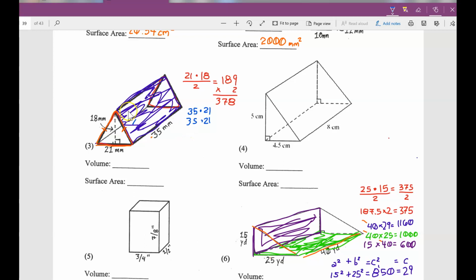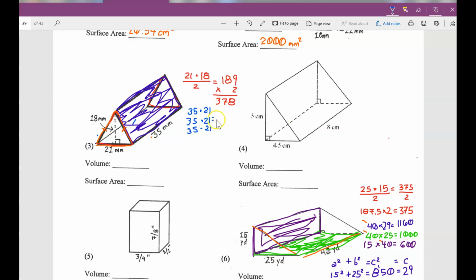And then this side, the left-hand wall that we can kind of not see, this is 21, and the front to back is still 35. So we multiply the front to back by each side of the triangle, which is going to be the same as 35 times 21 times 3.